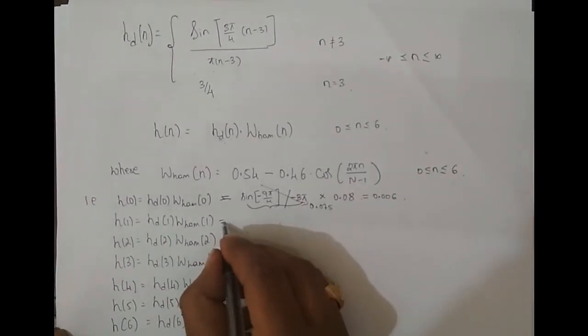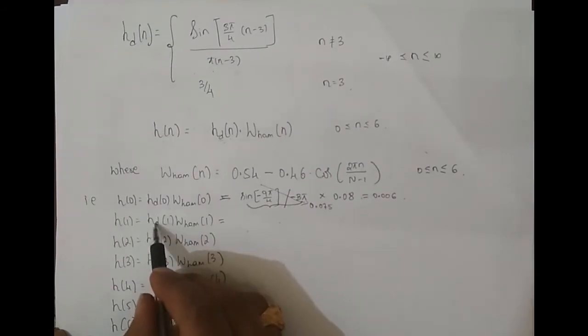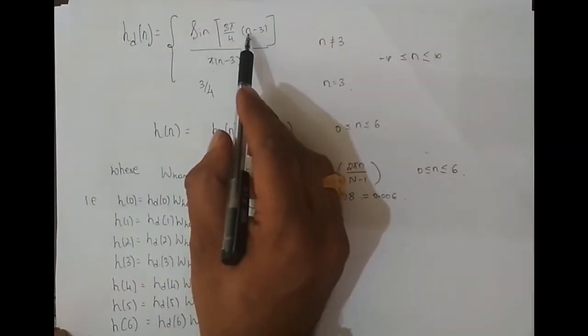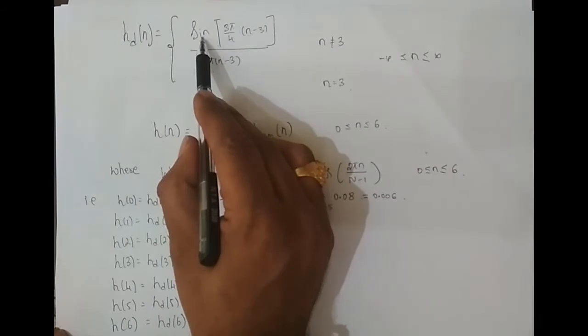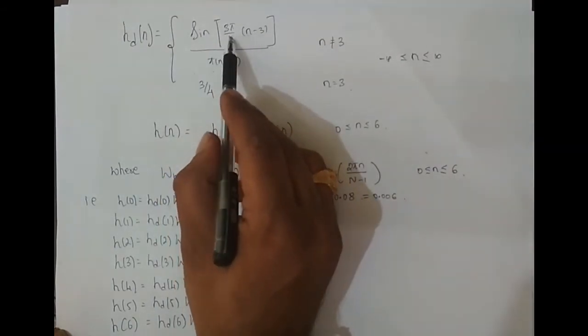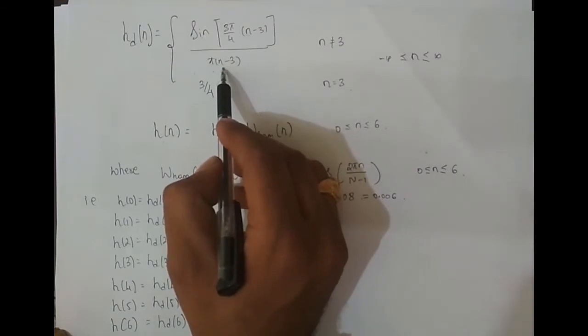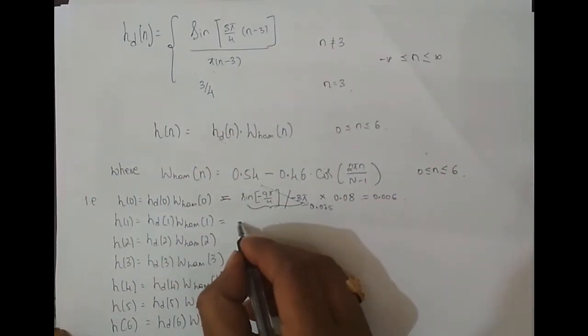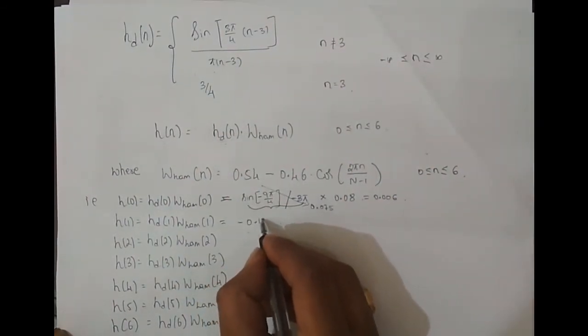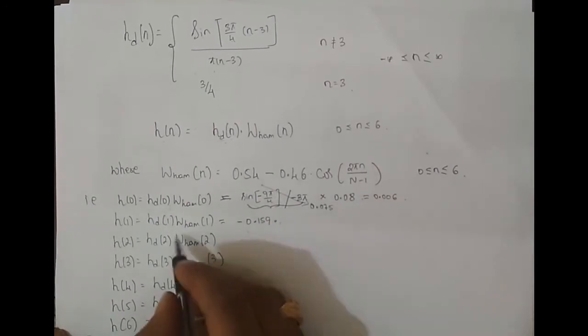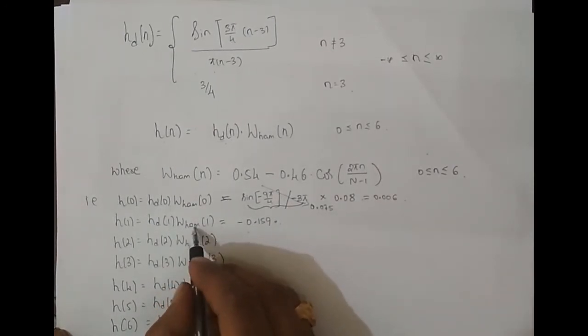Fine. So this is equal to, similarly, hd of 1. So hd of 1, when you put n equal to 1, so sine of minus 6 pi by 4 divided by minus 2 pi. So we end up with minus 0.159 into Hamming window w Hamming of 1.